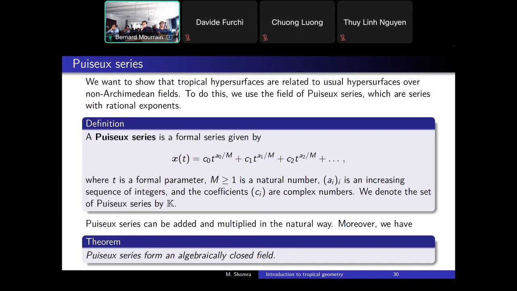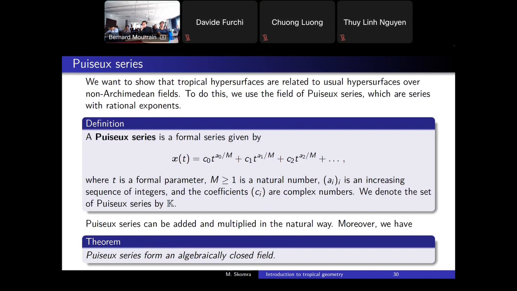If you go to series with integer exponents, maybe negative, then this set of Laurent series forms a field, right? But it's definitely not algebraically closed. And if you allow your exponents to be of this form, then now you have an algebraically closed field, right?